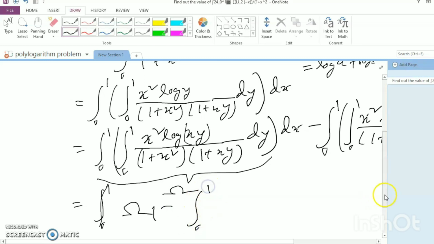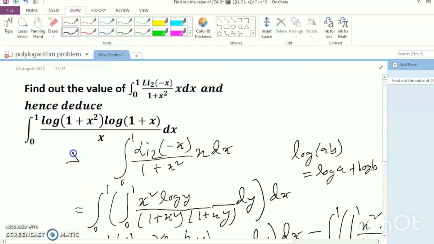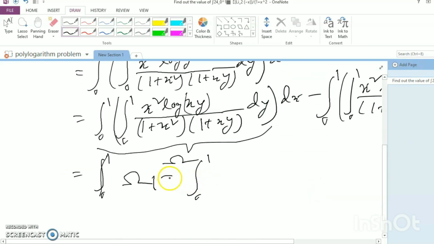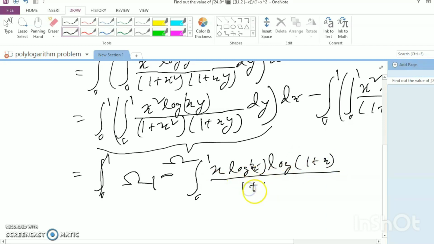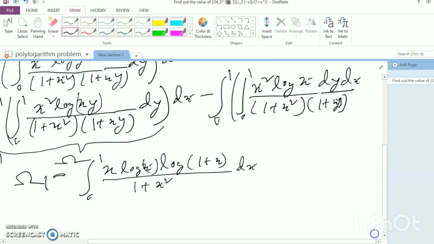Okay, omega 1 I write, and this integration can be written as omega, minus x log x and log 1 plus x divided by 1 plus x square. So I can write this way, and this value, I know this value.